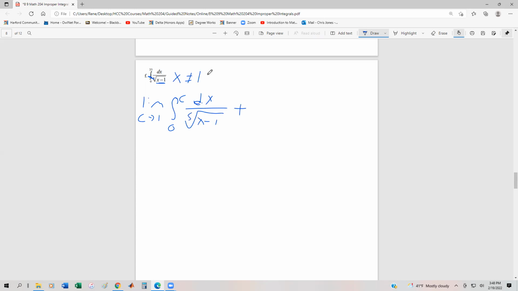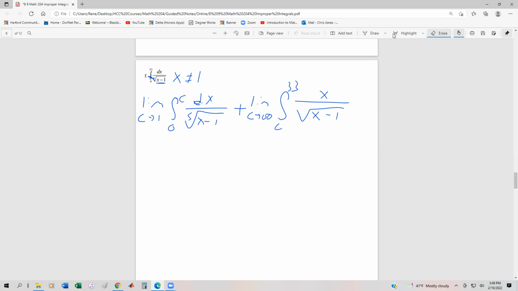And then I'm going to add the limit as c approaches infinity, because it's still the same value, from c to 33, which is the upper bound, of the exact same integral, dx divided by the 5th root of x minus 1. And this is completely legal.